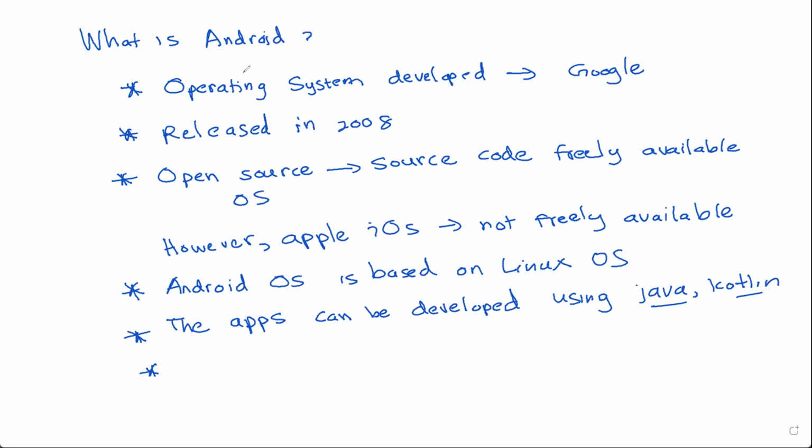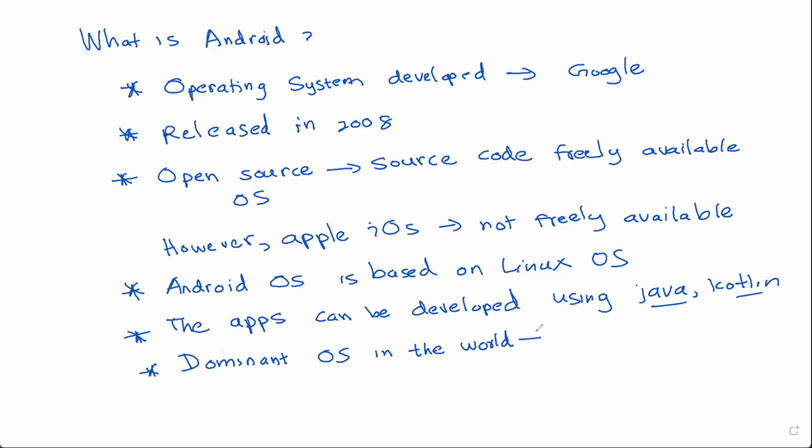So Android OS is one of the most used operating systems in the world. It is one of the most dominant operating systems in the world, with many users.